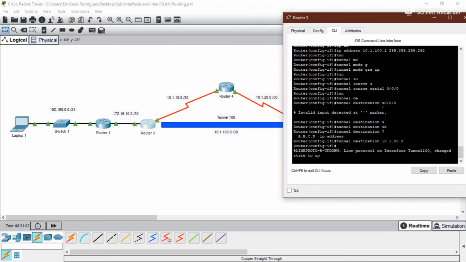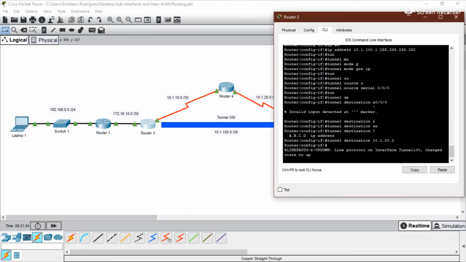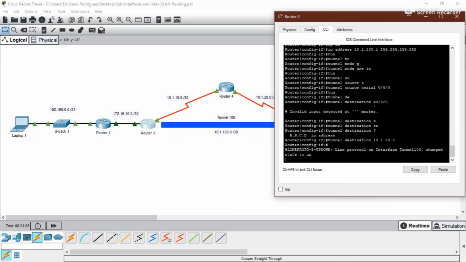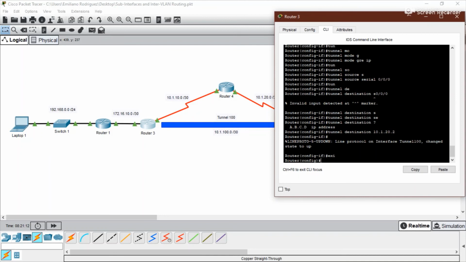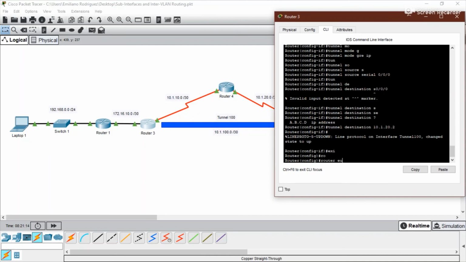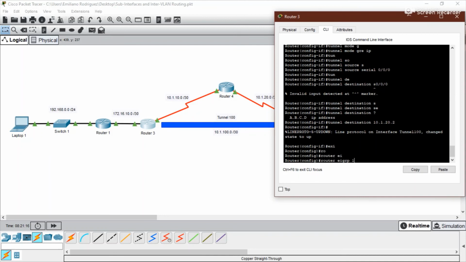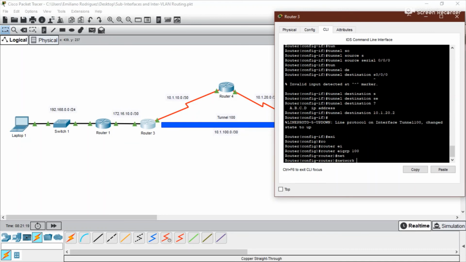Now we need to build an EIGRP adjacency between router 3 and router 5 using the 10.1.100 network. Router EIGRP 100, network 10.1.100.0/30.